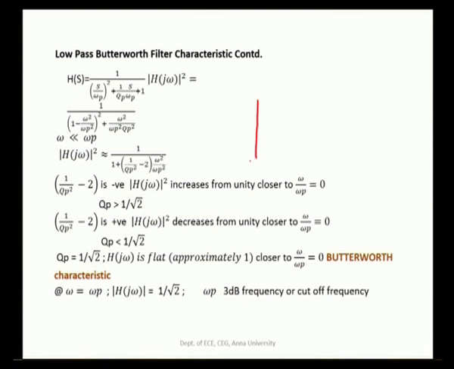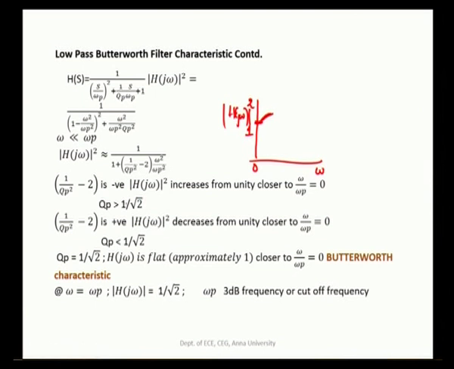If we plot now |H(jω)| squared as a function of frequency, at ω equals 0 we have unity, and then slightly away from ω equals 0, |H(jω)| has to increase from unity within the pass band.